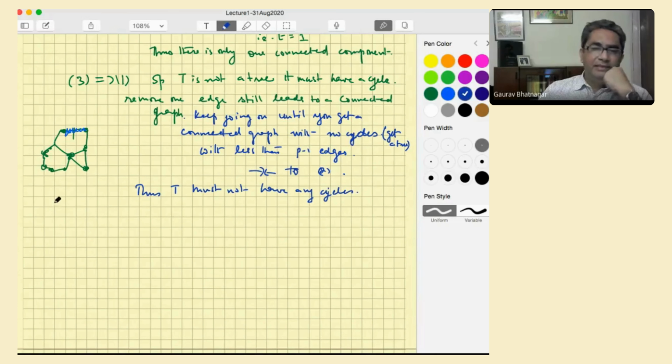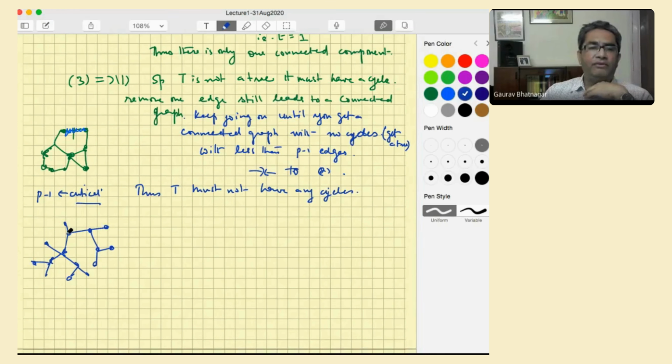I mean, the key issue is that this P minus 1 business is very critical. If you have anything other than a tree, this is something which one needs to understand.